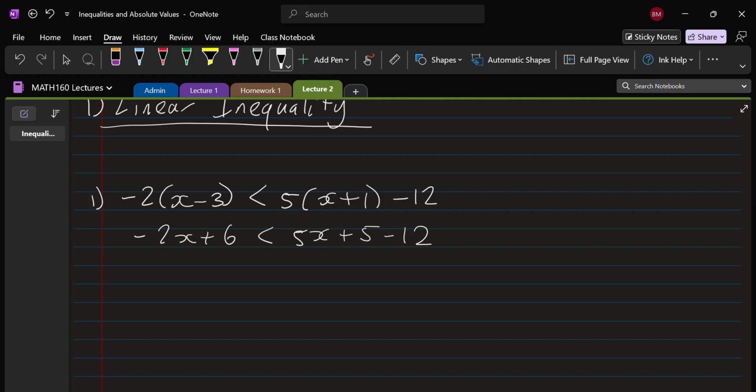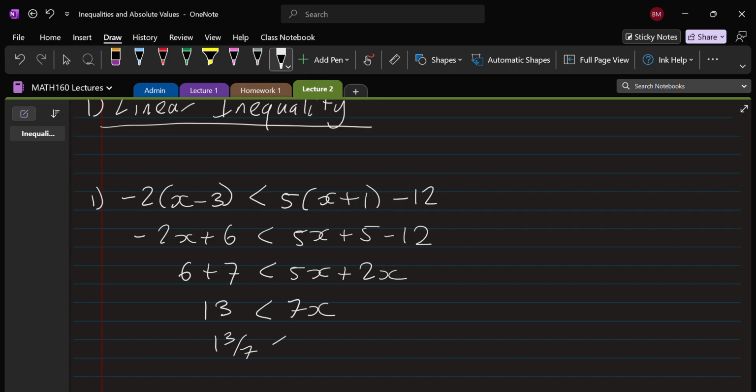We can do a bit of rearranging. We want the x's on one side, everything else on the other side. So we can write this as 6 plus 7, taking the constants from the right-hand side over, is less than 5x plus 2x. Constants on one side, variables on the other. We can simplify further. So 13 is less than 7x.